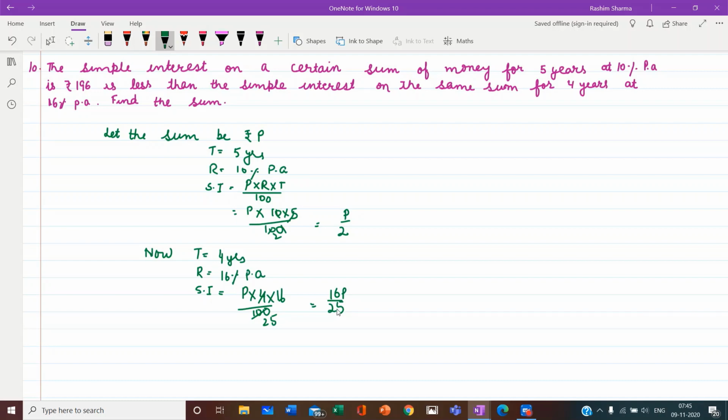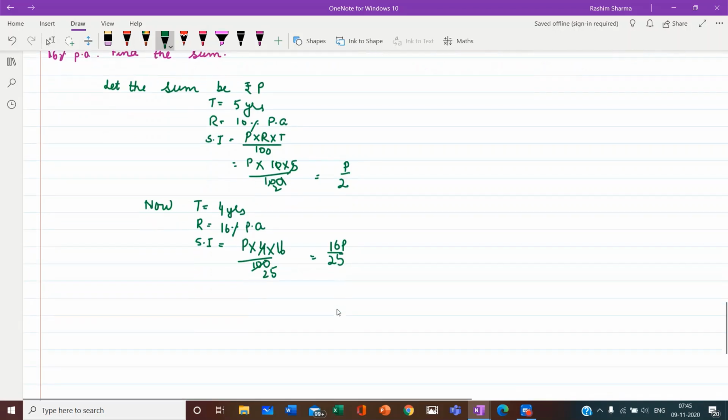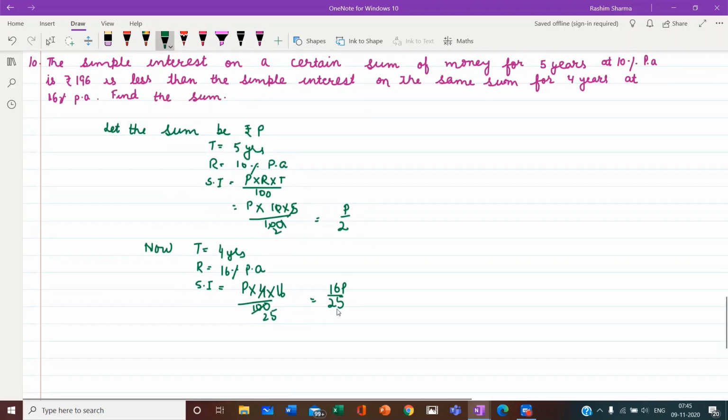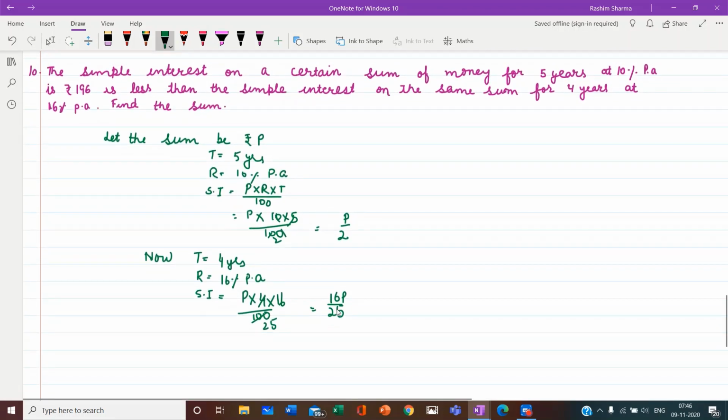Okay. Now according to this question, first simple interest is rupees 196 less than the simple interest in the second case. It means we can write here that the difference between the two simple interests is rupees 196. So we will write according to the question.